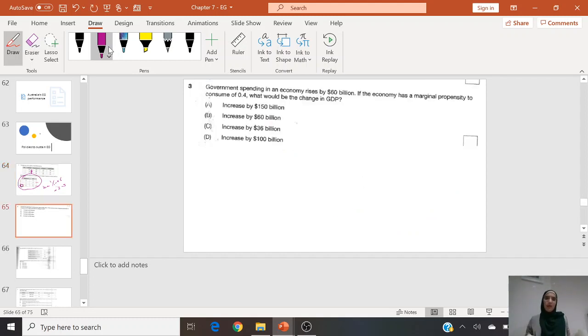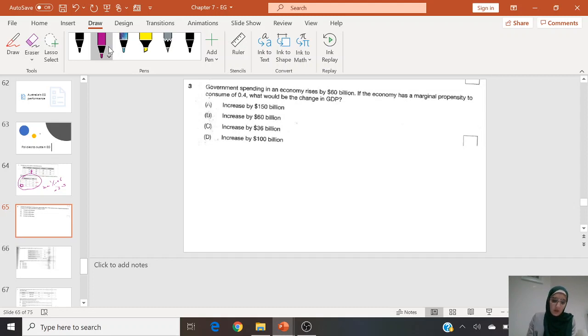Now let's look at question number 3. It says government spending in an economy rises by 60 billion, so that's an injection of 60 billion. If the economy has an MPC of 0.4, what would be the change in GDP?